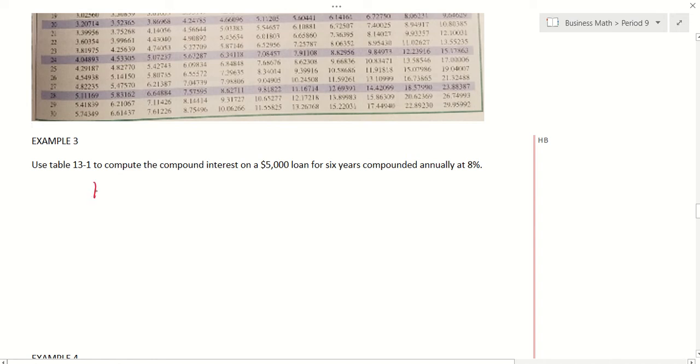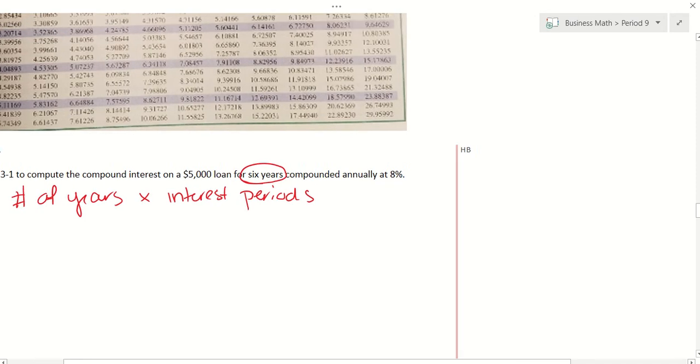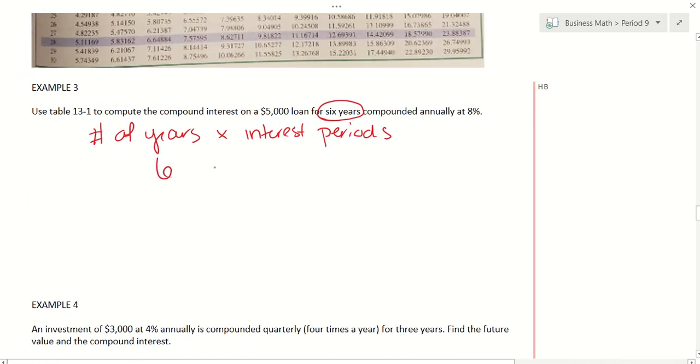So how many years is this loan for times how many interest periods there are. So this loan is for 6 years times how many periods? Annually is your period. Annually means 1. So that means we have 6 periods.